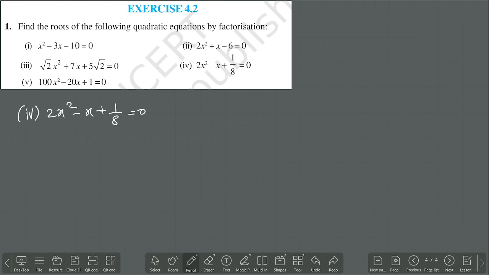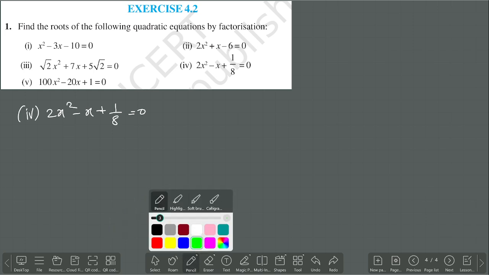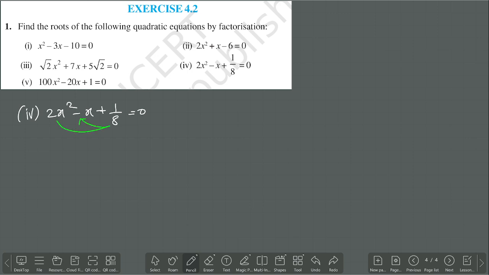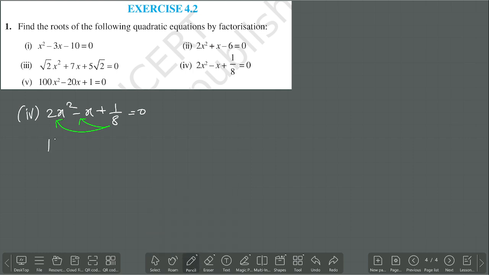Better you simplify, because in the constant they have given 1 by 8. If you move with it, it will be a little tension when you go with the table for product value and sum value. So you take cross multiply and simplify it. 8 into 2, 16x square, minus 1 into 8, 8x plus 1, whole divided by 8.